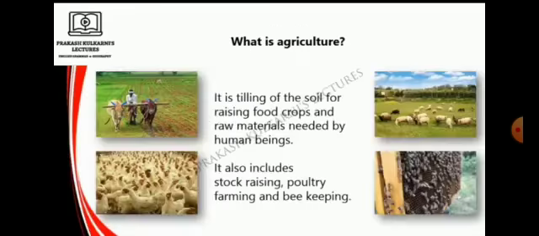Next we are going to study what is agriculture. Tilling of the soil for raising food crops and raw materials needed by human beings is called agriculture.